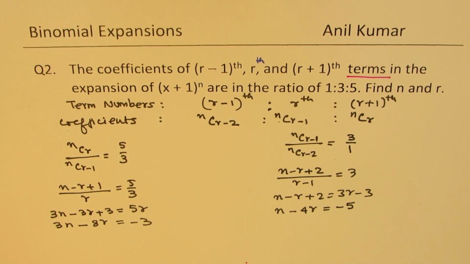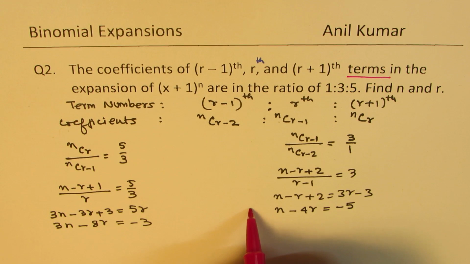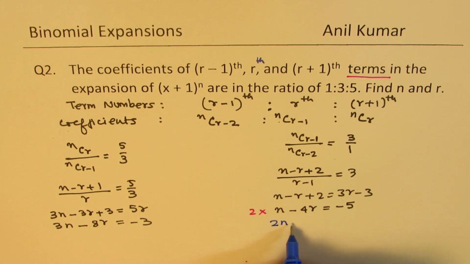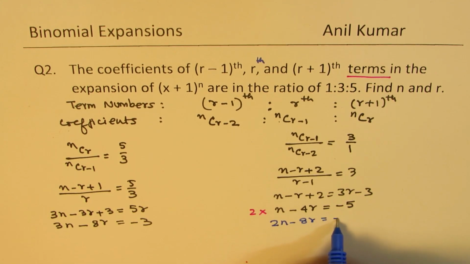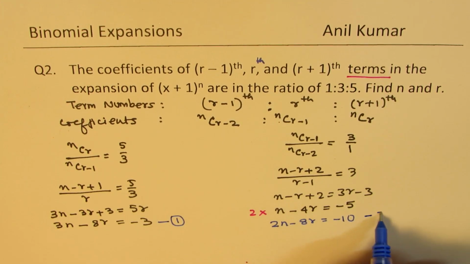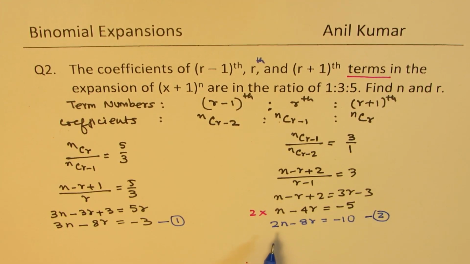To eliminate, what we can do is we can multiply this by 2, right? So we get minus 8r. So let's do it. So we have this as 2n minus 8r equals to minus 10. So let me call this as our equation number 1 and this as equation number 2. So now what we do is we can eliminate by taking away from 1 to 2.